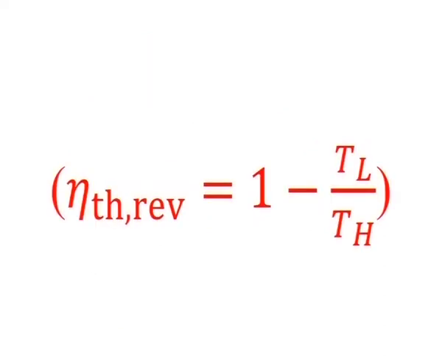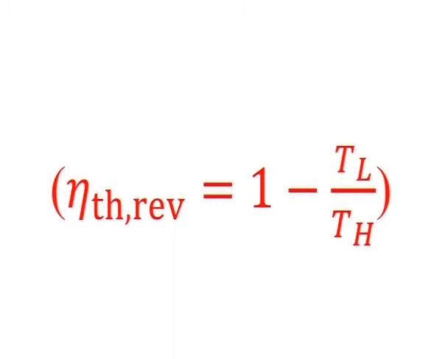It is obvious from the efficiency equation that the efficiency of a Carnot heat engine increases as TH is increased or as TL is decreased. This is to be expected since as TL decreases, so does the amount of heat rejected, and as TL approaches 0, the Carnot efficiency approaches unity.